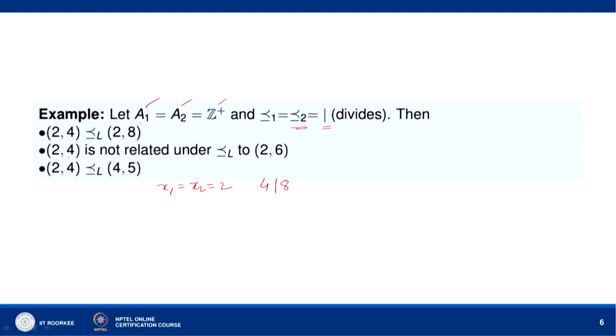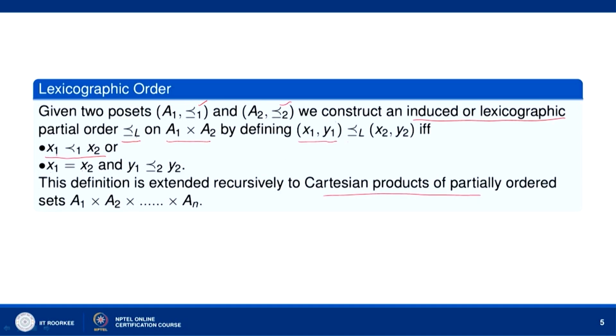Then (2, 4) is not related lexicographically to (2, 6), because x1 equal to x2 equal to 2 holds, but 4 does not divide 6. And in (2, 4) compared with (4, 5), we see that 2 divides 4. So (2, 4) is related to (4, 5) in the lexicographic order, because either this should hold, or if this is equal to this, then this should hold.